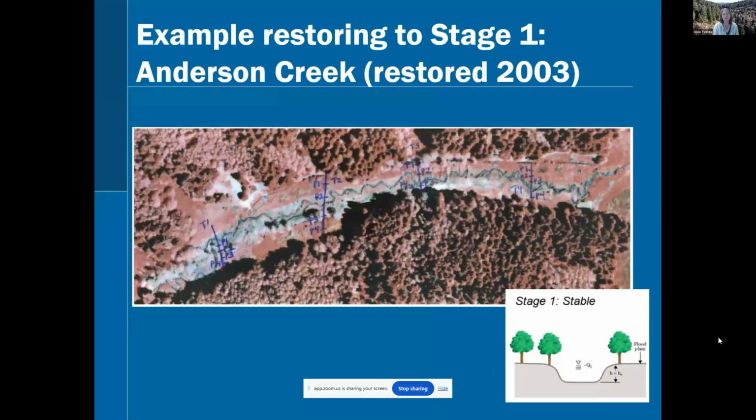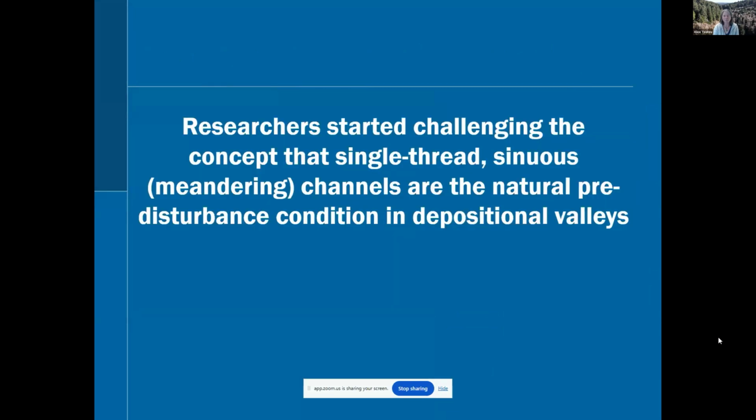Here's an example of a restoration project that used this model to develop a sinuous, meandering channel at Anderson Creek, which is in the South Slough watershed. Then researchers started challenging this concept of a single thread sinuous channel in these depositional valleys.